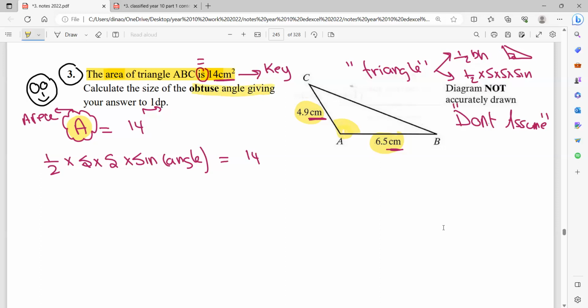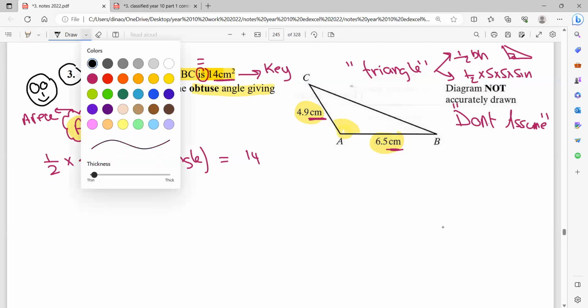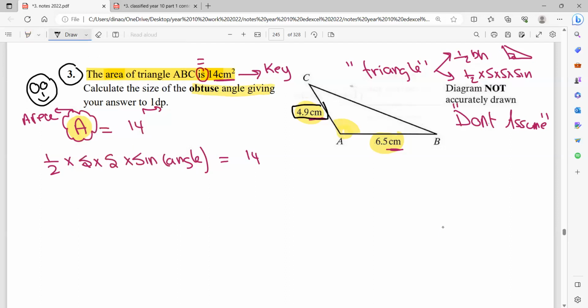Since I will use the area sine rule, I am forced to talk about angle A. Since I am using these two sides in my calculation, this means that 100% I am talking about angle A.